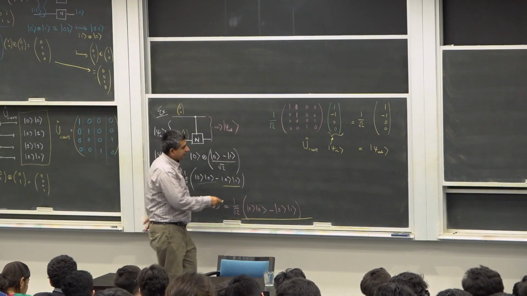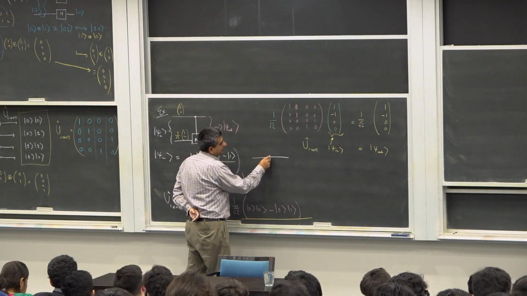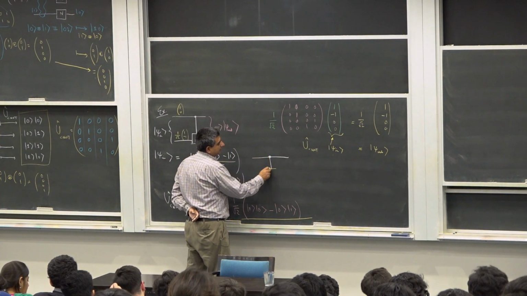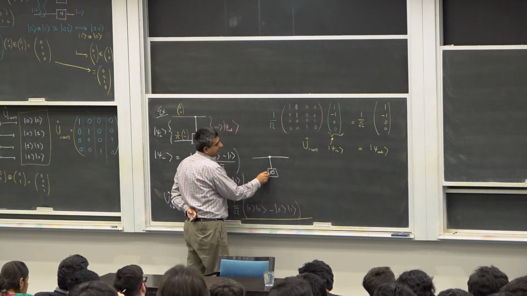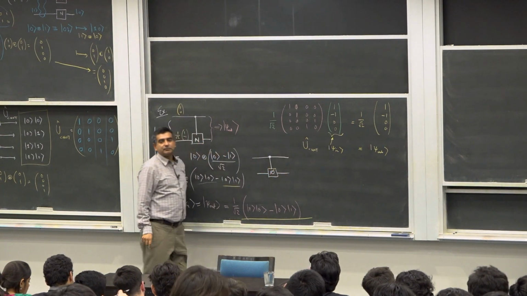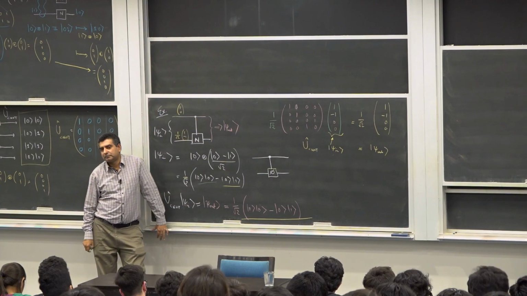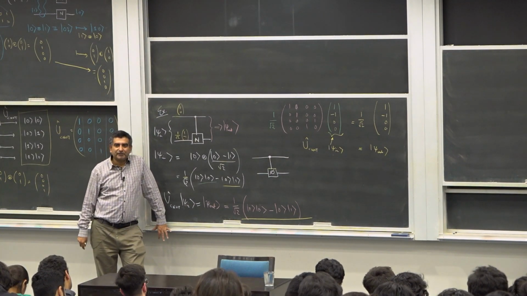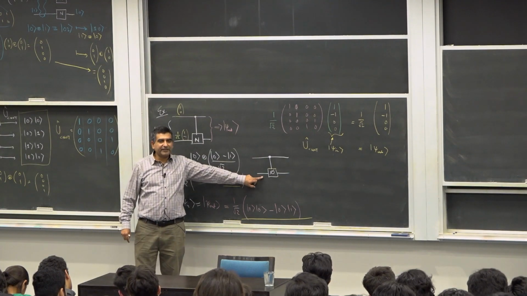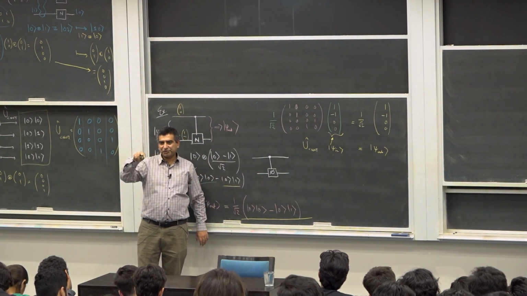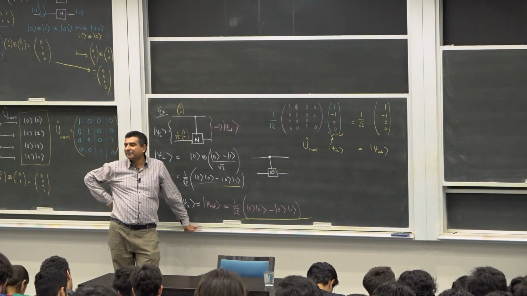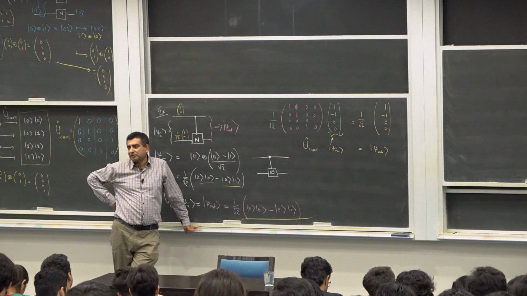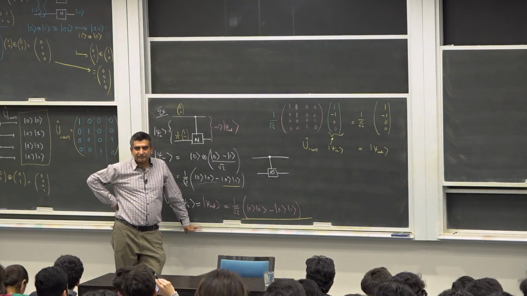Other examples could be a controlled phase gate. A controlled phase gate is something that does a phase operation on the second qubit if the first qubit is in a state 1. That's a controlled phase gate.